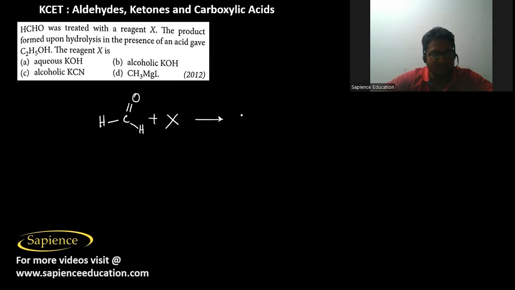So here the reagent is the Grignard reagent, RMgX, and here the alkyl group is the methyl group.